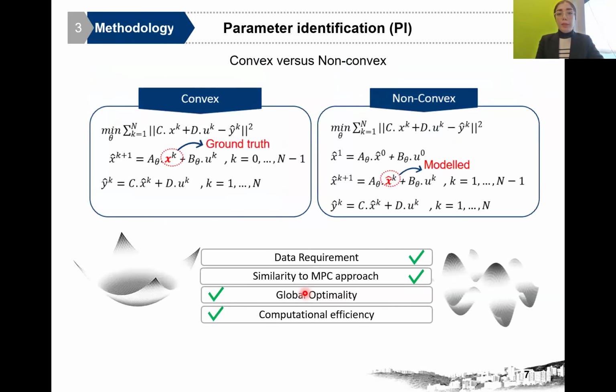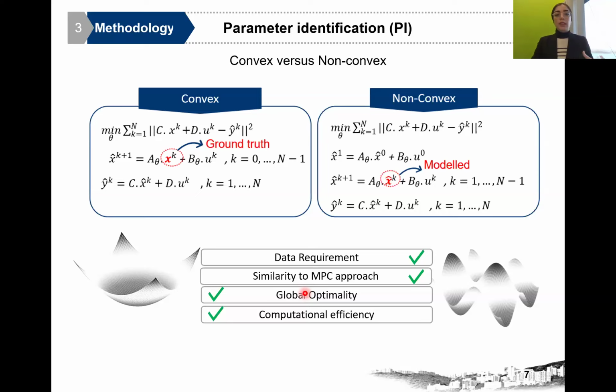For our parameter identification, we have two different models. As you can see, in both convex and non-convex models, the objective function is the same. It's to minimize the error, which is the difference between the ground truth temperature and the model temperature.